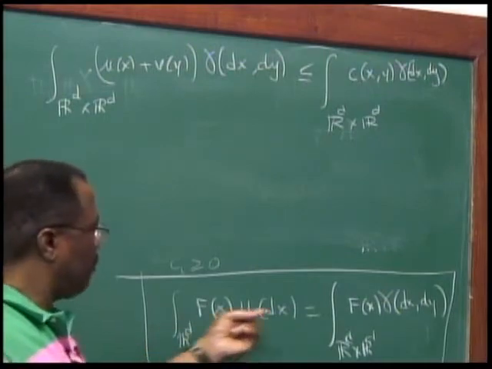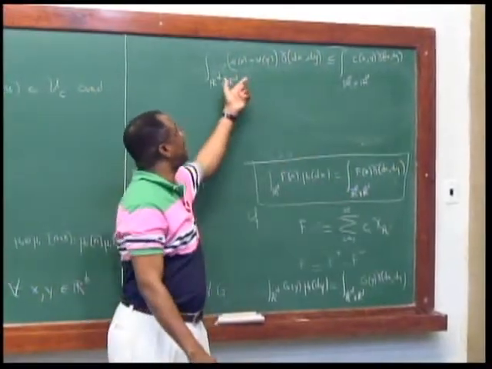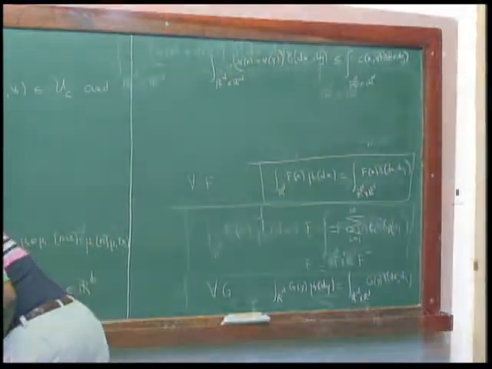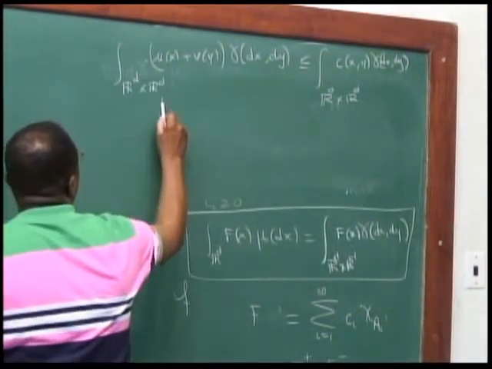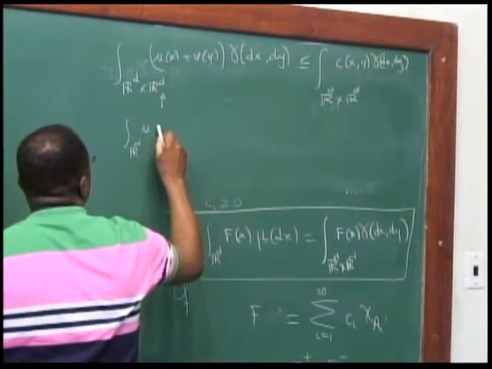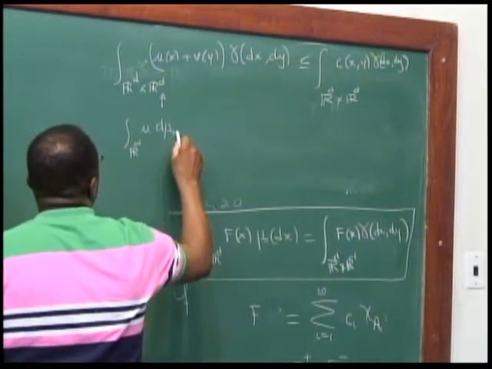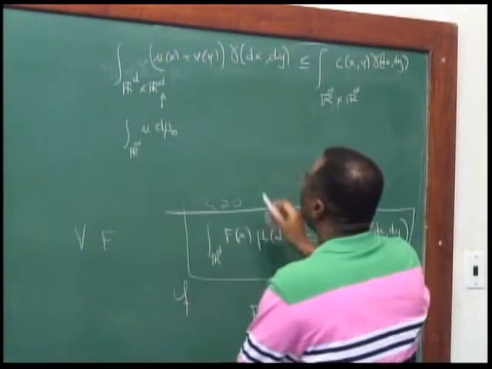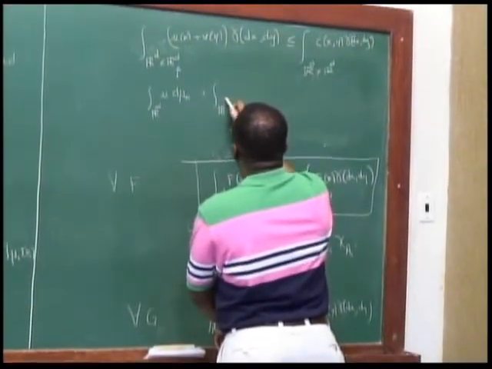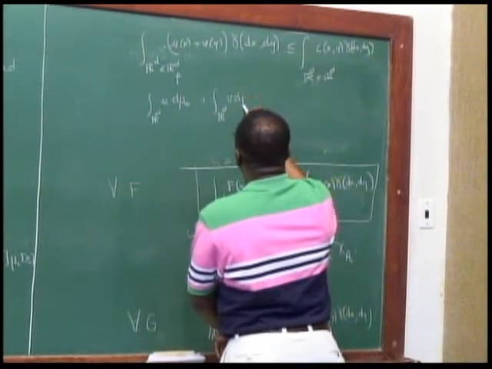But this property tells me that this first expression is the integral over Rd of U d mu naught. And that tells me that this is the integral over Rd of V d mu1.